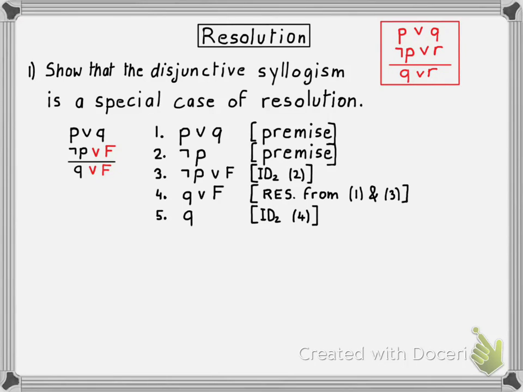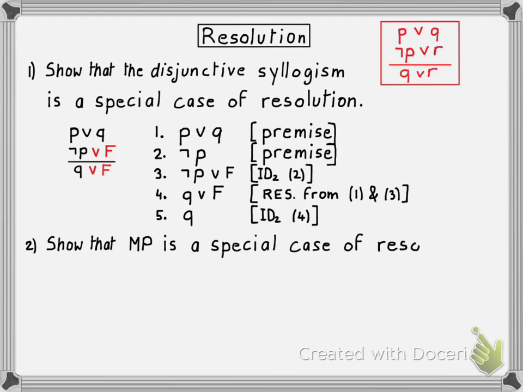In fact, another well-known inference rule, namely the modus ponens, is also a special case of resolution. Now remember, the premises for the modus ponens are P implies Q and P, from which you can infer the proposition Q. Now it's not so obvious in this case that this modus ponens inference rule is a special case of resolution, because the first premise here is a disjunction, whereas the first premise here is a conditional.